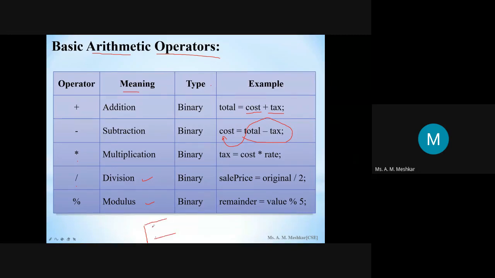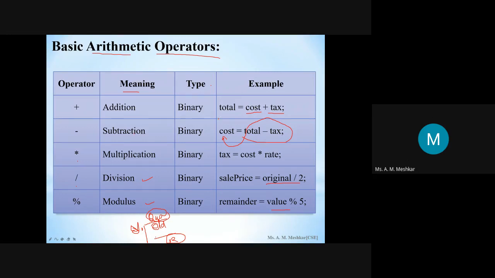Here is the dividend, here is the divisor, here is the quotient, and here is the remainder part. So what is the answer of division? Whenever you perform a division operation, it returns the quotient part, right? And whenever you perform the modulus operation, it returns the remainder part. Just keep that in mind.